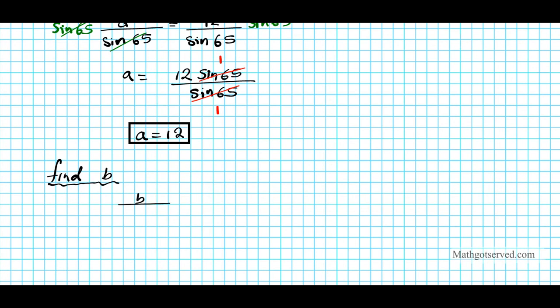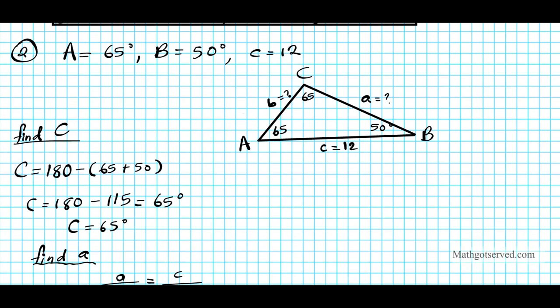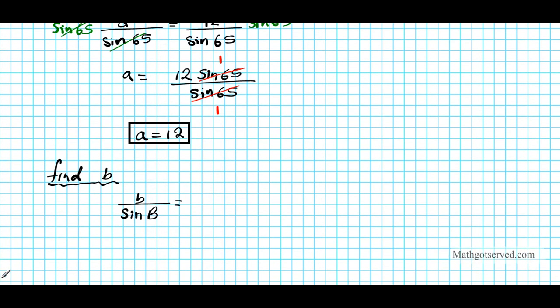So little b over sine B equals, and for the next pair I have to know both the big and the small. We can use A or C, since they are both nice figures that haven't been approximated, but since C is part of the original question, let me just use big C and little c, so little c divided by sine big C.